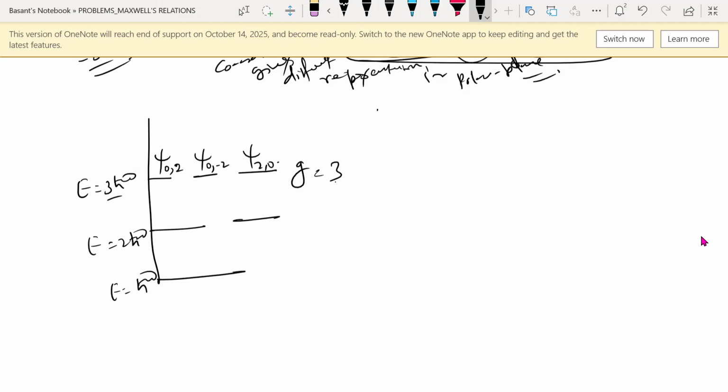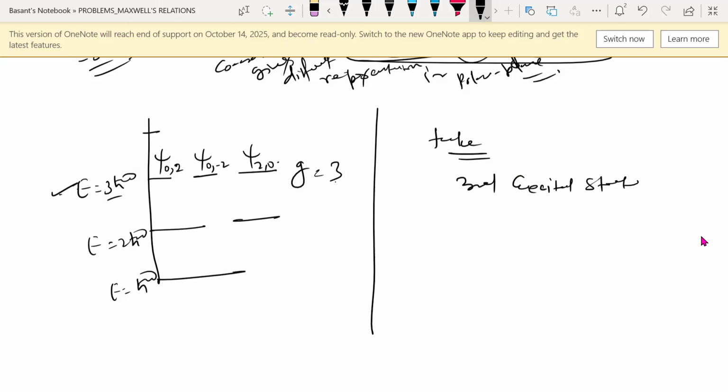Similarly, take another example. Take the third excited state. So I have to take here n plus mod m is equal to 3 for the third excited state.